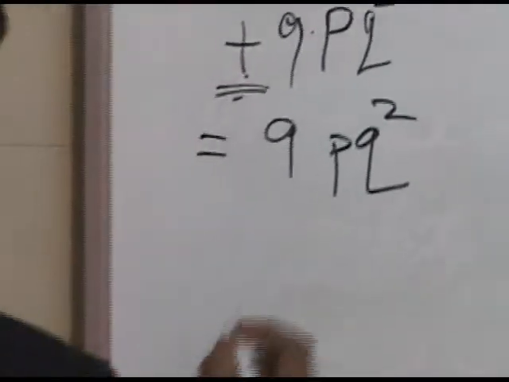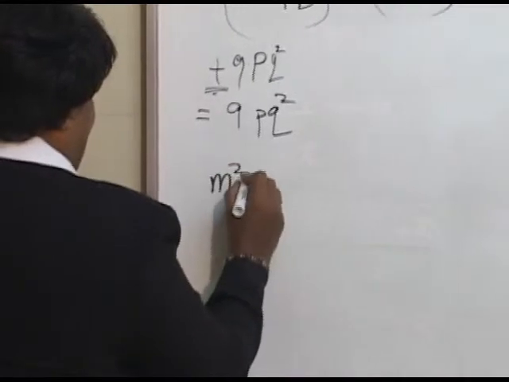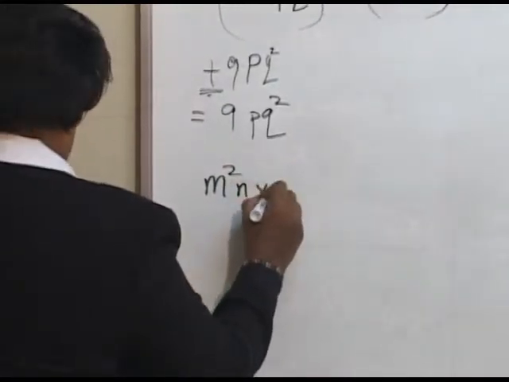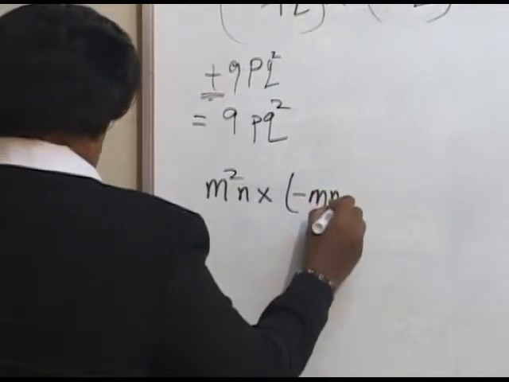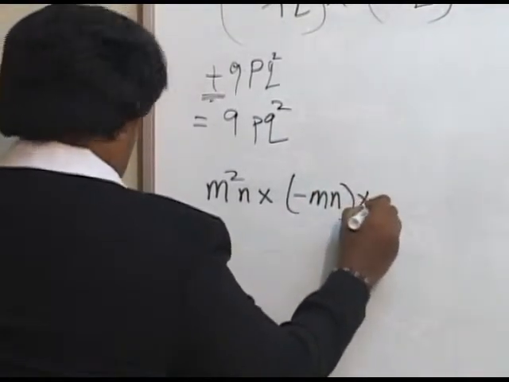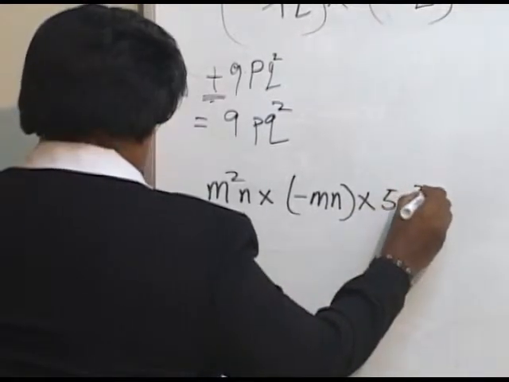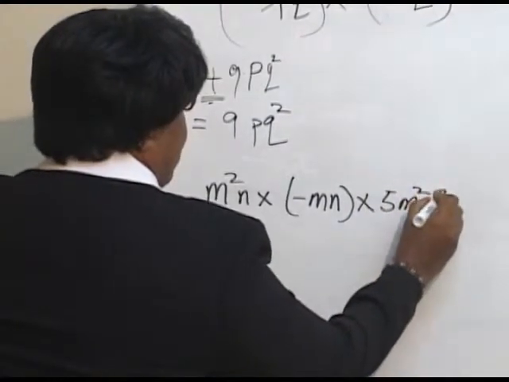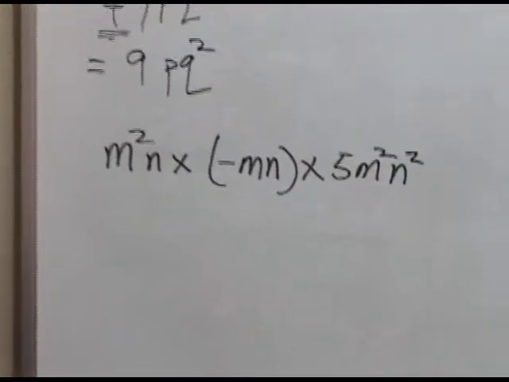And it is given that we would have to simplify m squared n times, in a bracket, negative mn, times 5m squared n squared. Okay, 5m squared n squared.